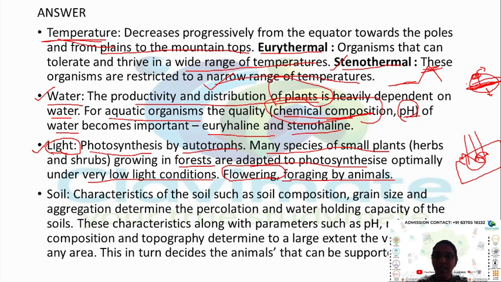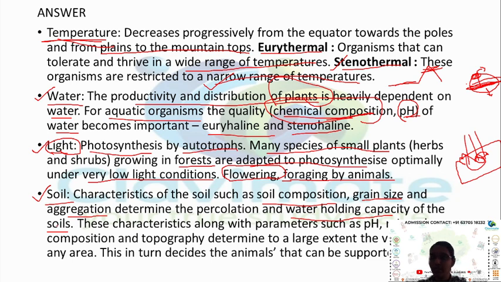So light plays an important role in all these factors. Next is the soil. Soil composition, grain size and aggregation will determine the water holding capacity. This is important for plants to grow.